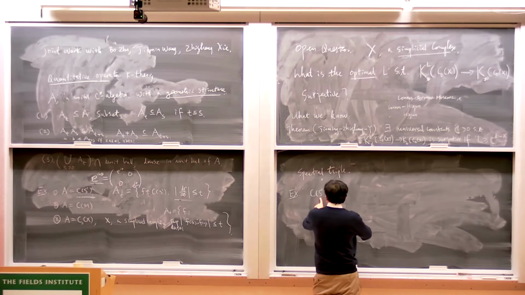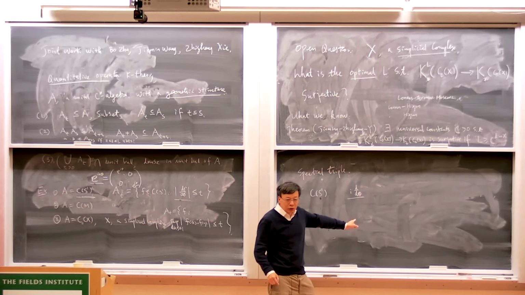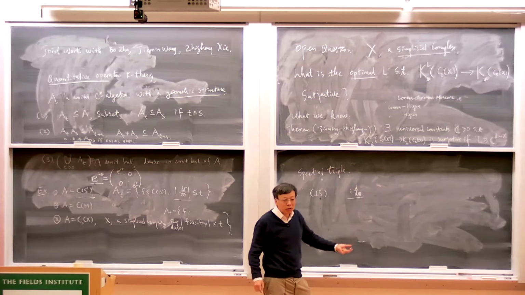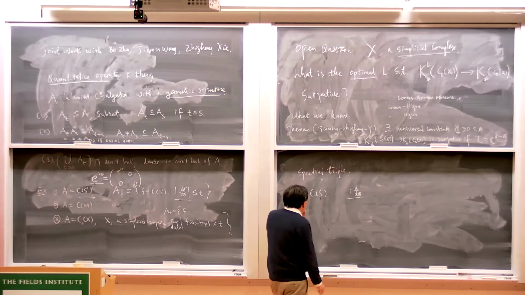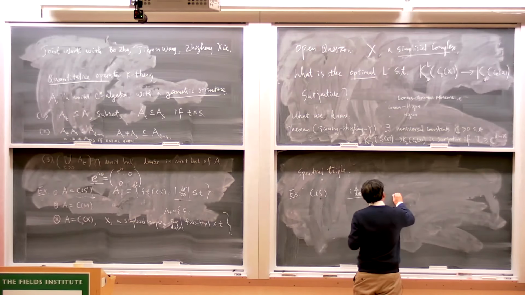Of course, the generator, you can use this as a spectral triple. This is a continuous model, so the Hilbert space is infinite. But on the other hand, instead of using this, you can discretize the circle.